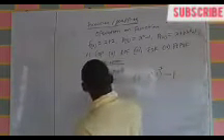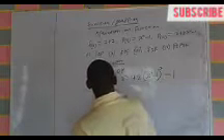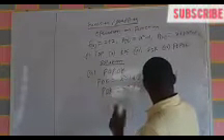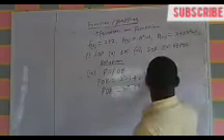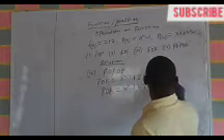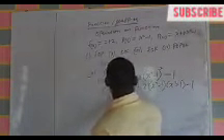So D O K is equal to S squared minus 1 plus 2 into S squared minus 1, S squared minus 1 minus 1. So let's open the bracket first.